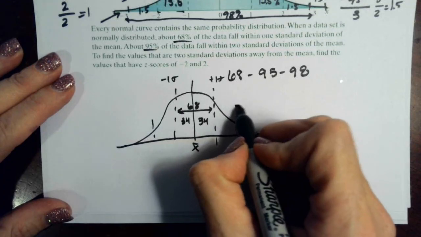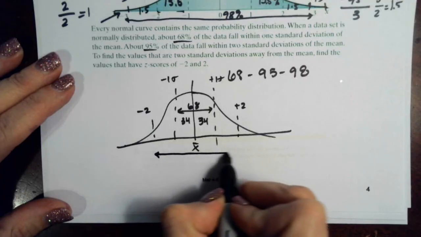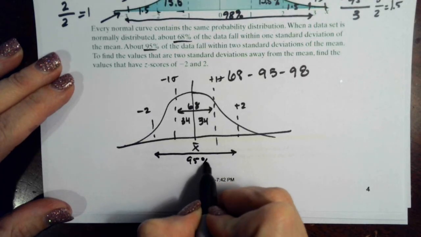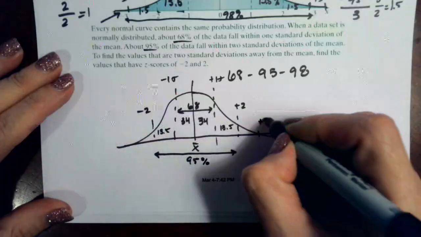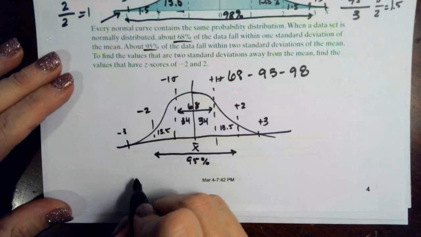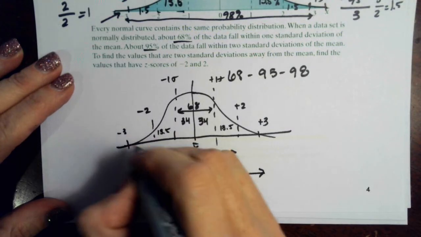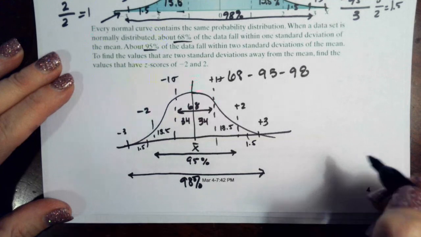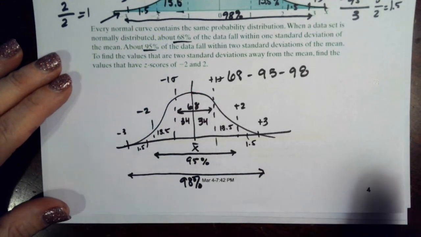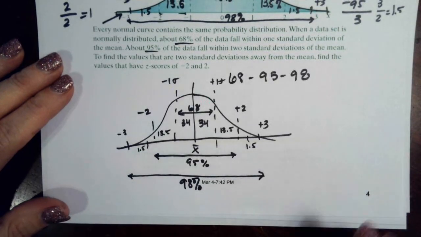Two deviations, two above, two below, that is going to give us the 95%. And then that gives us 13.5 and these pieces. And then three deviations is going to give you 98%, which means you have 1.5 here and you have 1.5 here, which means outside of the three deviations, it is 1% on each side.